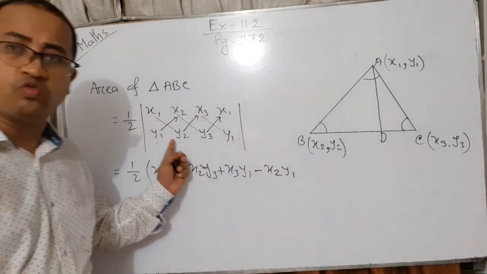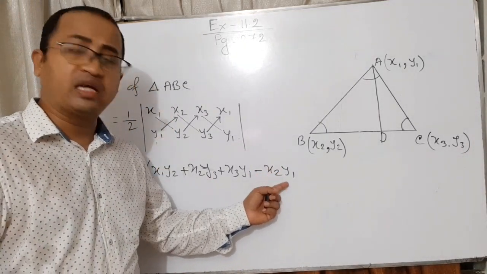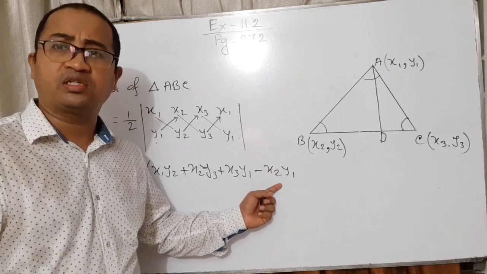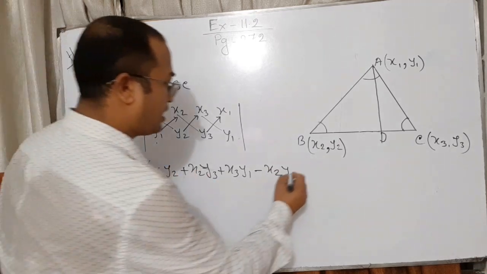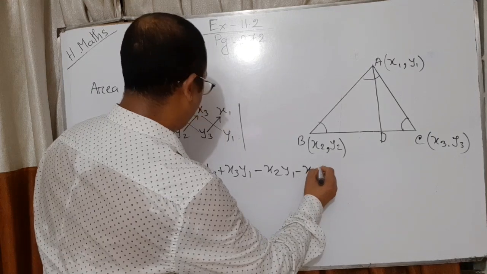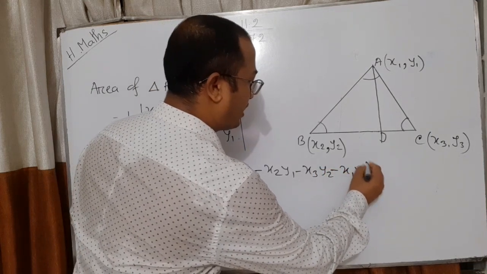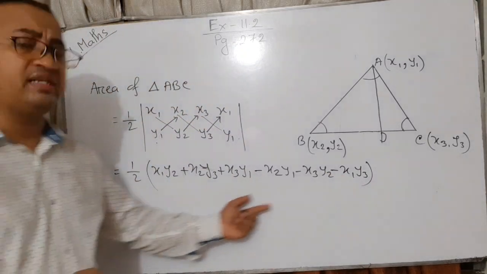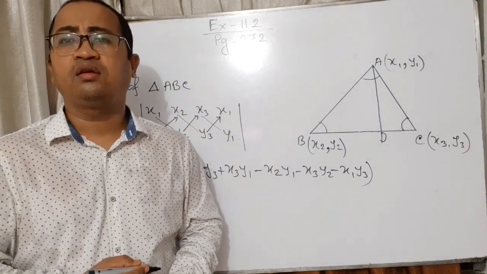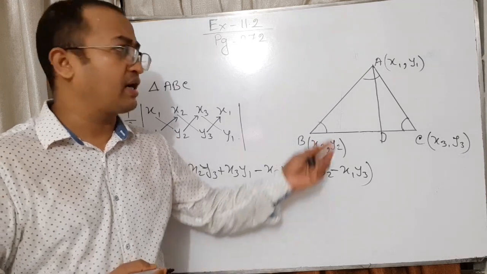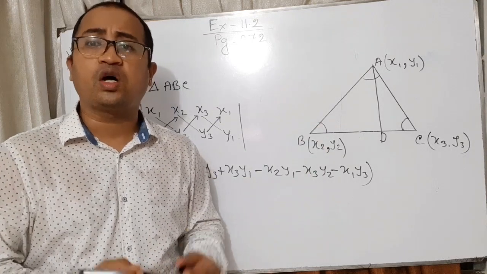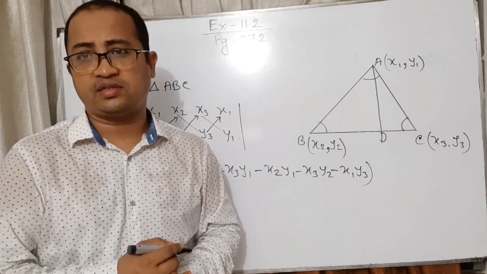I have written x2 y1; you can write x1 y1 x2, both are similar. Then minus x3 y2, minus x1 y3. So this is the easiest way to calculate and find out the area of the triangle ABC if you know the coordinates of the vertices.